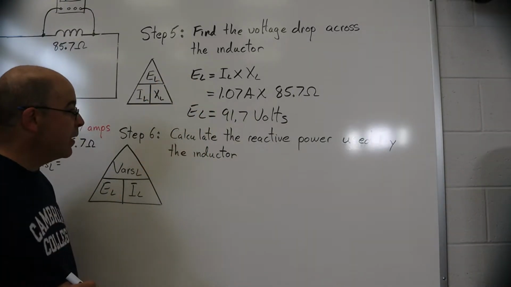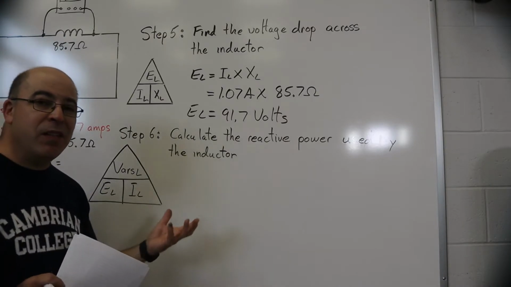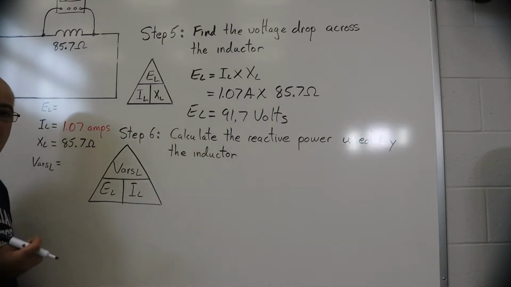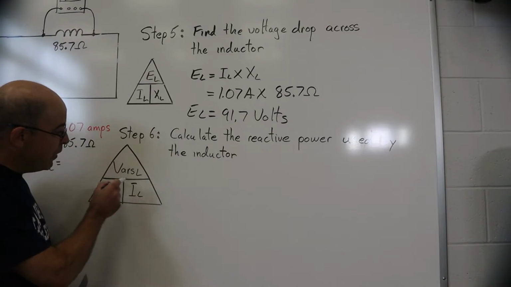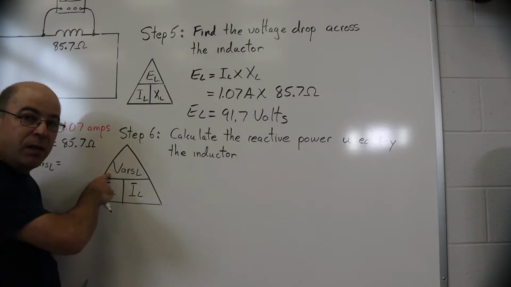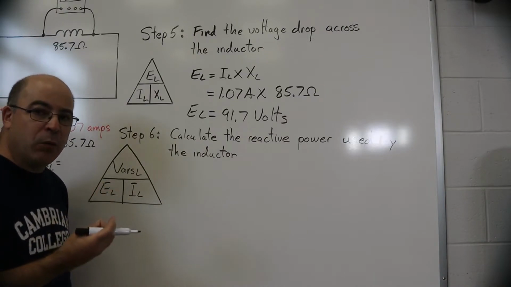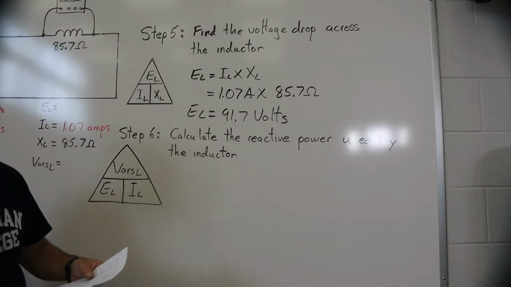On to step 6, calculating the amount of reactive power that is going to be consumed or used by the inductor. We're still using Ohm's law. The only thing that is different here is that we've substituted the value of P for the value of VARs. VARs is reactive power, but it is still power. We still calculate it in the same manner, and that's going to give us the following formula.